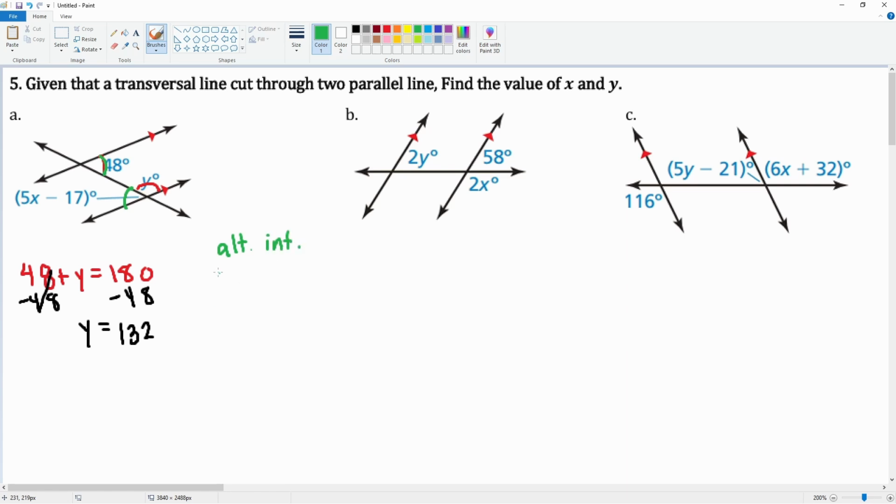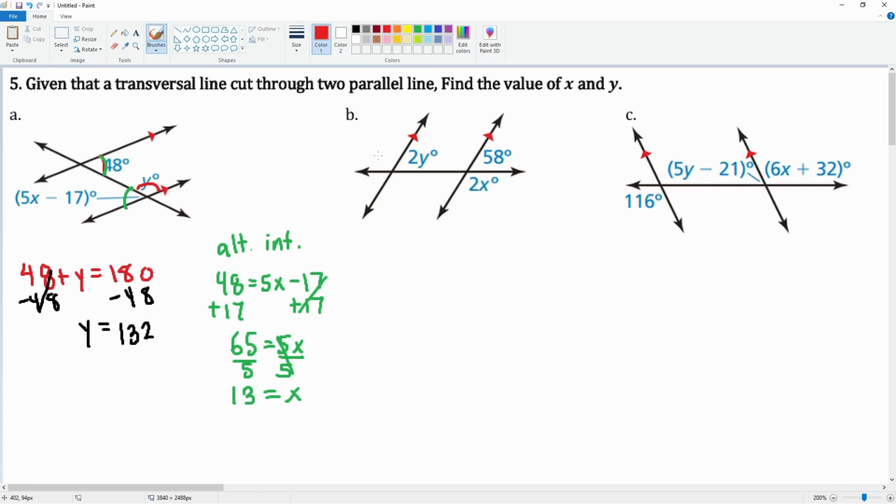Those are congruent, so 48 is equal to 5x minus 17. Add 17 to both sides, that cancels, so 48 plus 17, that equals 65, is equal to 5x. Divide by 5 to both sides, x is equal to 13.